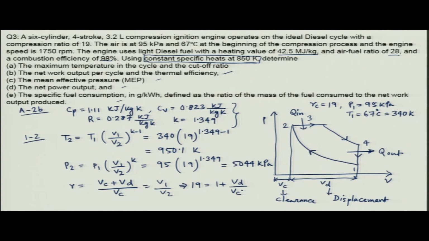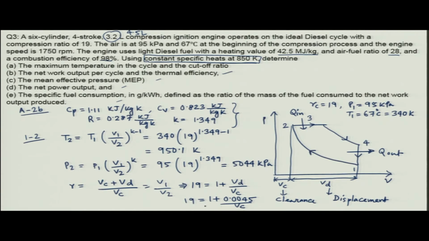Now, Vd is your displacement volume, which is, I think there is some typo in this. So, it should be 4.5 liter, right. So, I can write it as 1 plus Vd, the displacement volume, which is 4.5 liter. I can write it in terms of meter cube, which is nothing but 0.0045, right, and Vc.